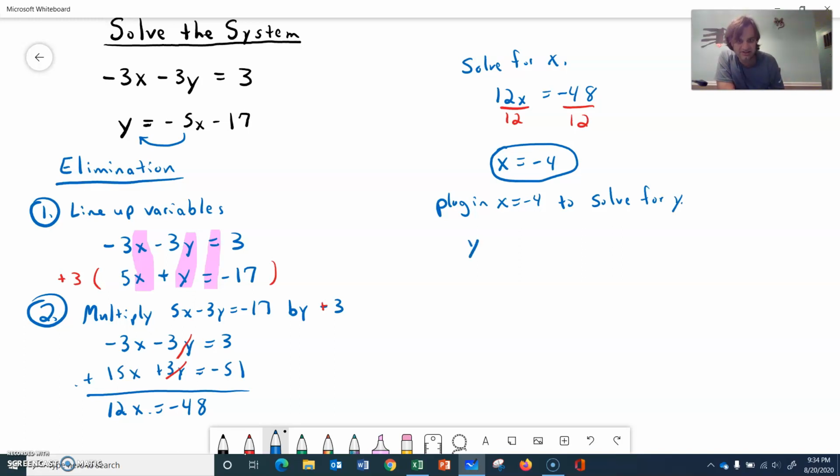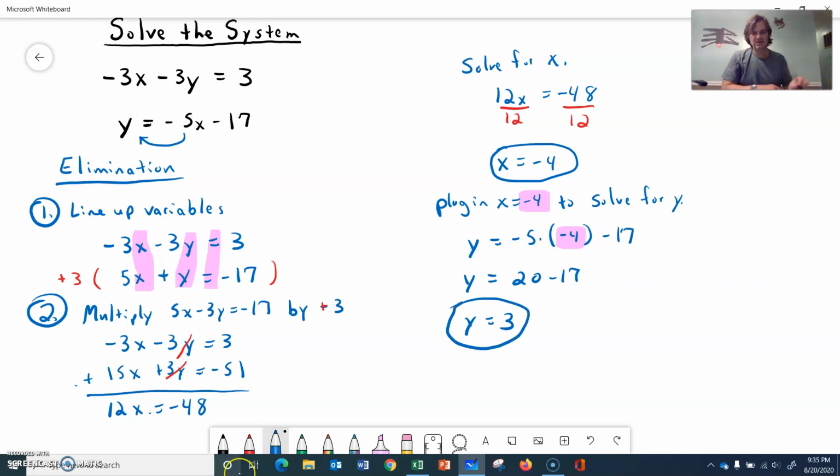So we'll plug it into the second equation since y is already by itself. y equals negative 5 times negative 4 minus 17. So making sure you see that I took the negative 4 and plugged it in for x. This is the exact same way we ended the last problem. So cleaning up, we get y equals 20 minus 17, or y equals 3.